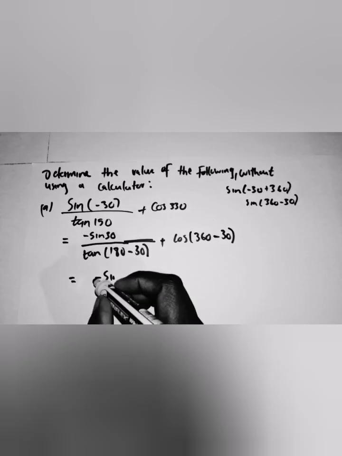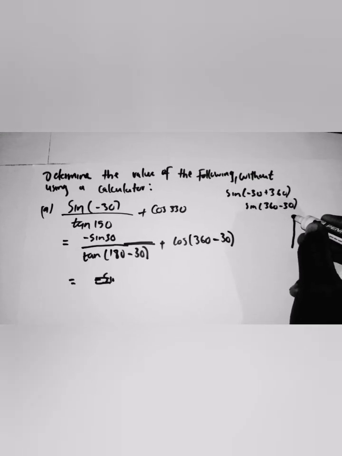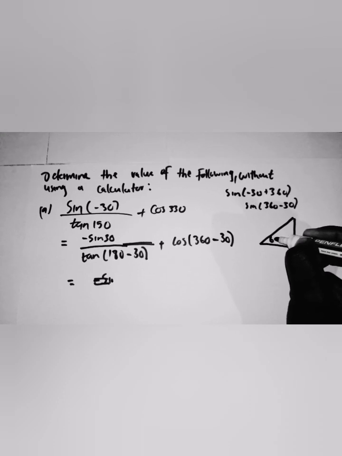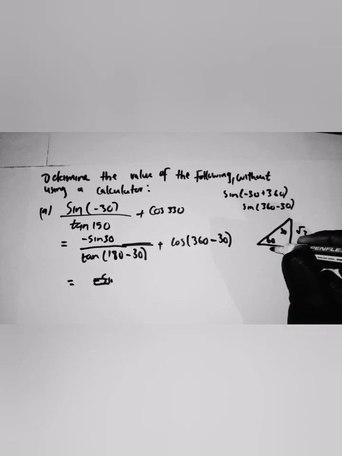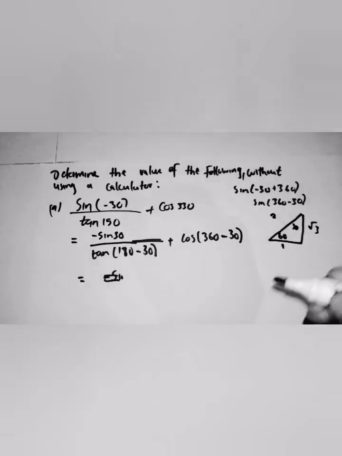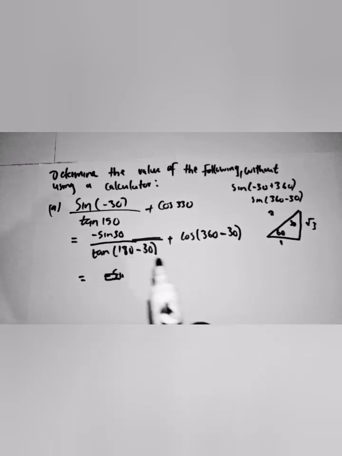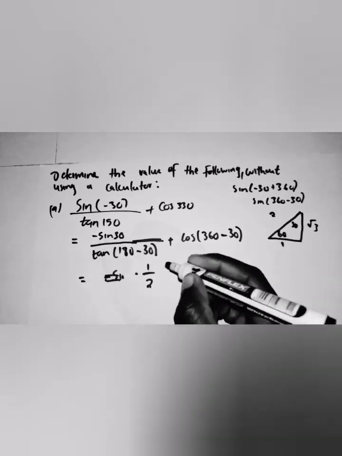There's no need for me to continue writing negative sine theta. For 30, you need to draw your right angle triangle with special angles of 60 and 30. Here it is root 3, here it is 1, and the hypotenuse is 2. Therefore negative sine theta is 1 over 2, but it must be negative, remember.